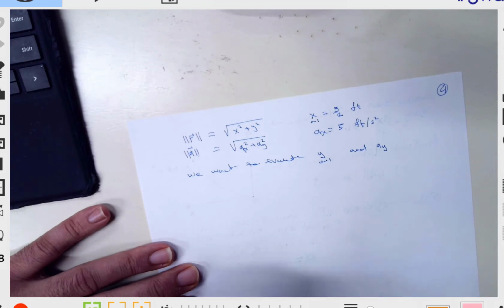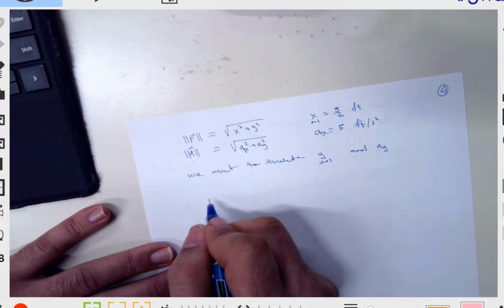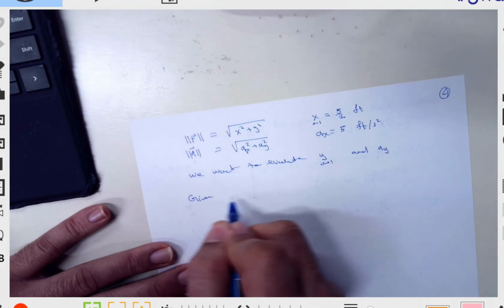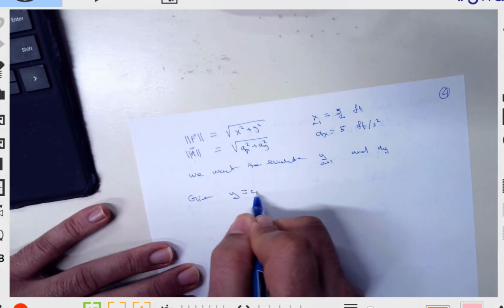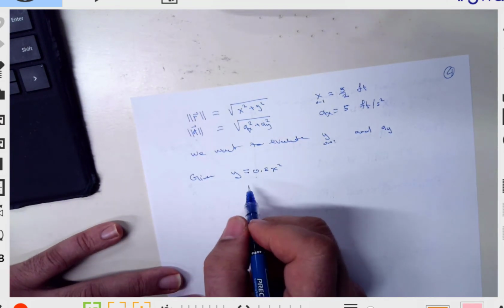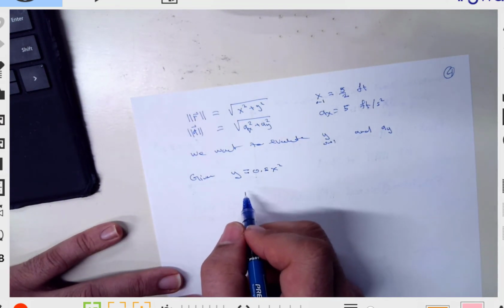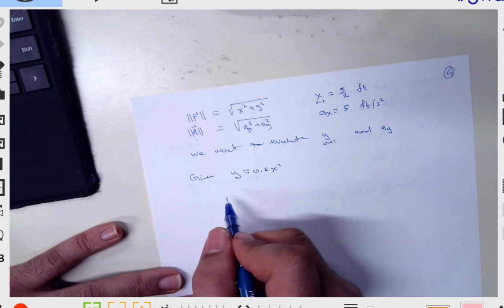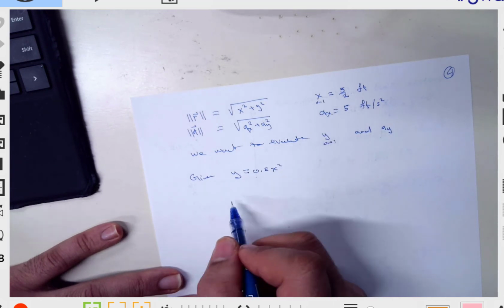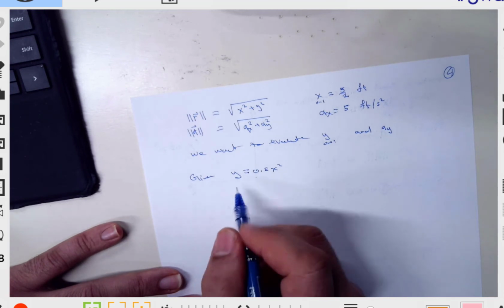Okay, now for the first one we're given that y is already known as a function of x, y = 0.5x², so how much will y displace when x equals 5 over 2? Just simple substitution.